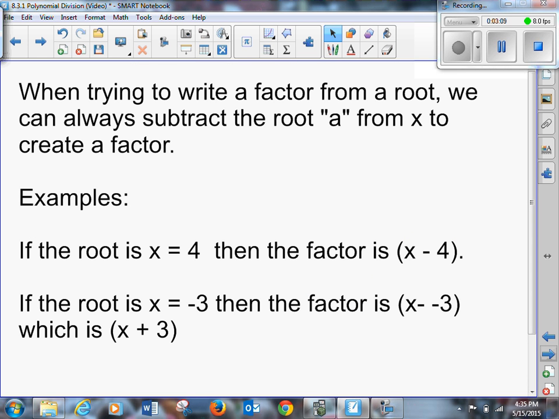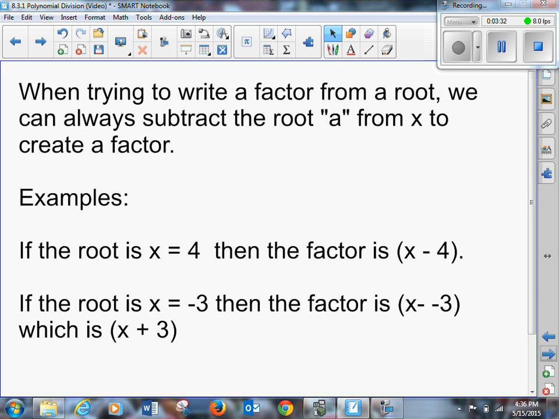Now, there are times when it's a little bit tricky to find the factors when you are given the roots, in particular when you have a complex number as your root, which is something you've seen in the last couple days in class. As a helpful hint, when you're trying to write a factor from a root, we can always subtract the root a from x to create a factor.